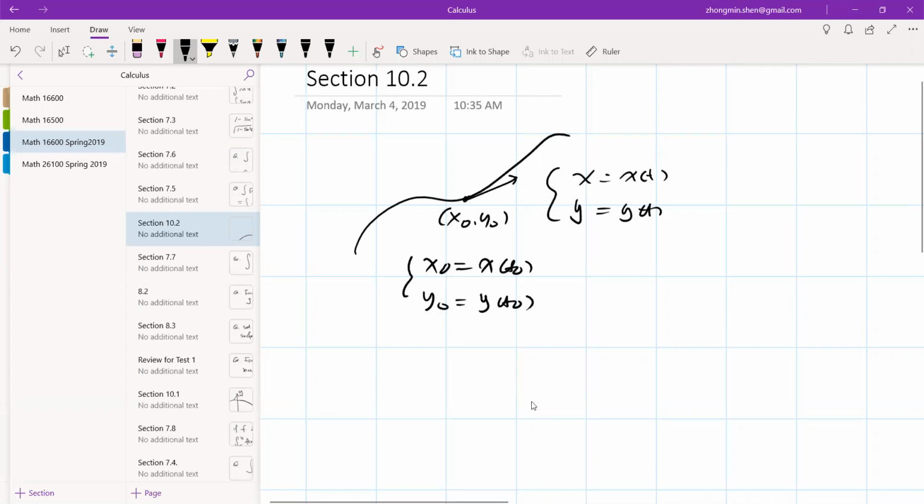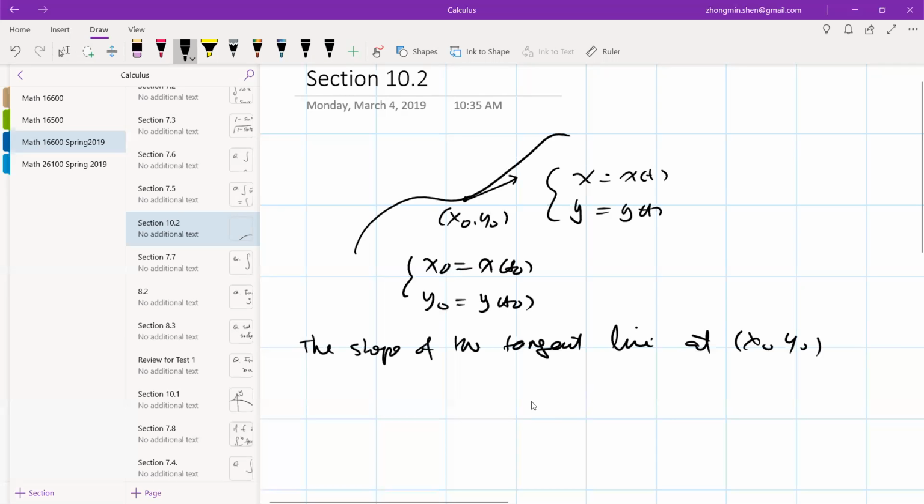Remember, for a tangent line you just need to know the slope of the tangent line at the point (x0, y0).